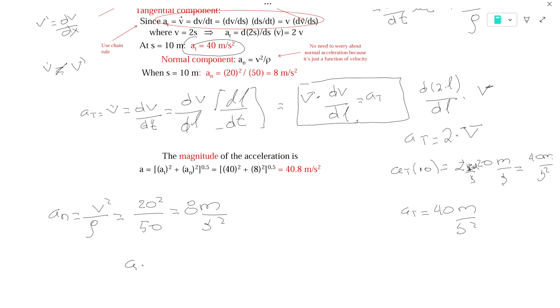So the total acceleration is equal to the square root of 40 squared, because the tangential acceleration that we found is right here, plus 8 squared, square root of that, and that is 40.8 meters per second squared.